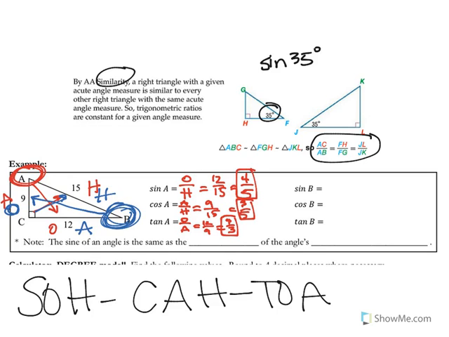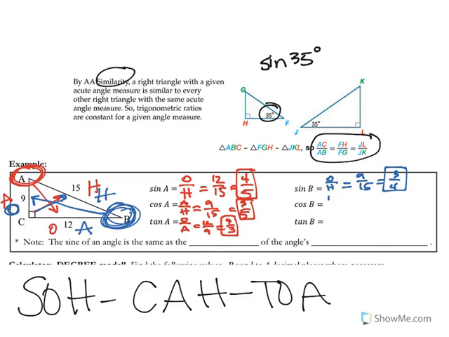Even though the sides change, my SOH CAH TOA is still consistent. So sine of B is still O over H. Just O in this case is 9 over 15. So 9 over 15 is 3 over 5. We've already simplified that, so we're not going to slow down.